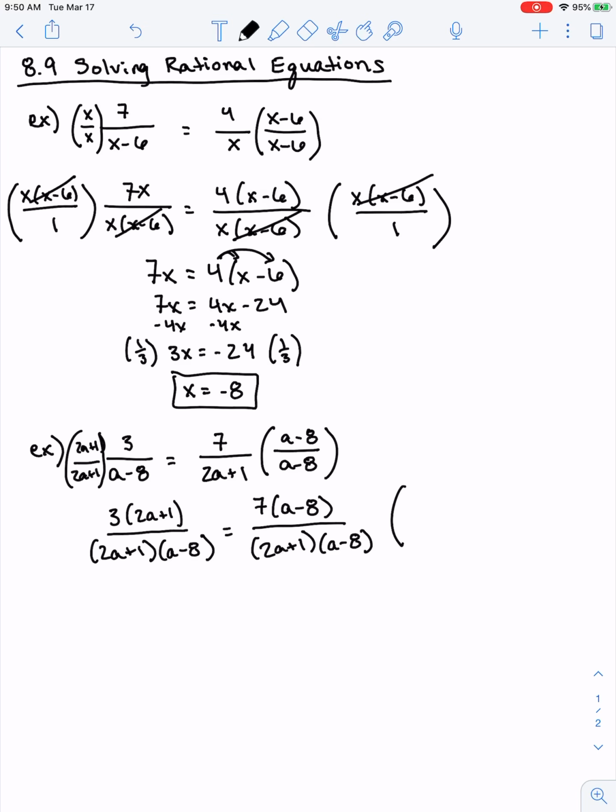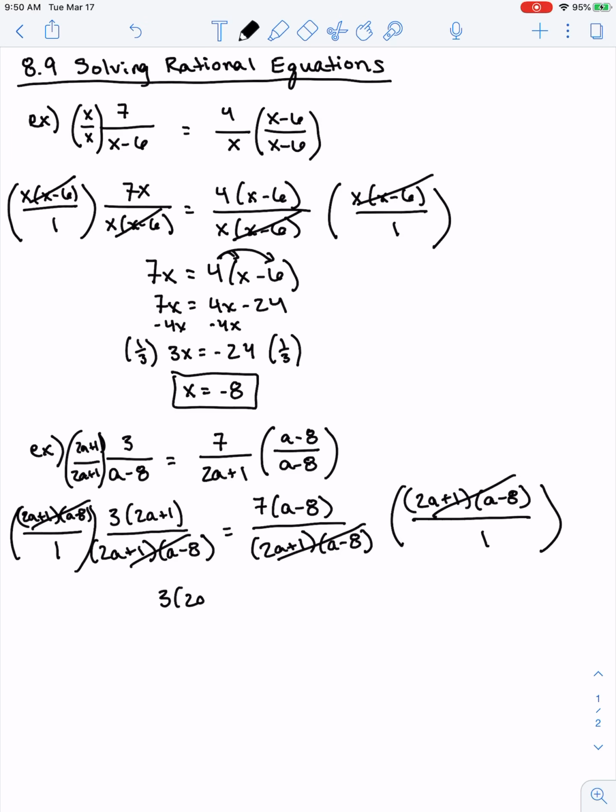So we can now multiply both sides by the common denominator. And that will end up canceling them both out. And we're left with a very nice simplified expression.